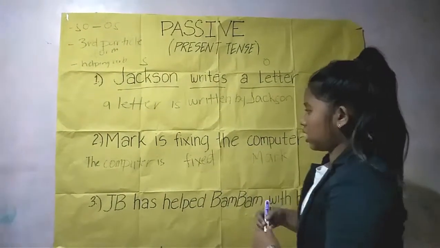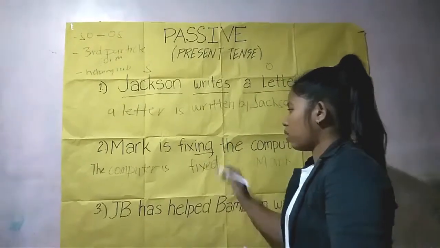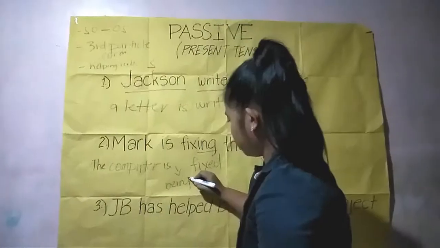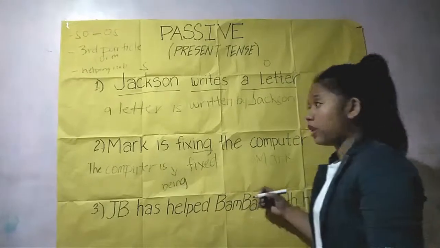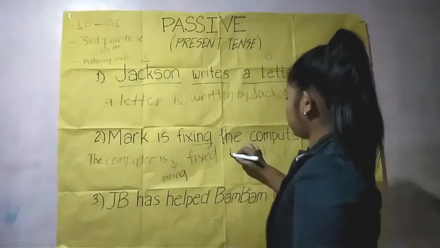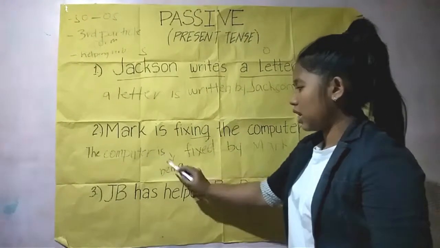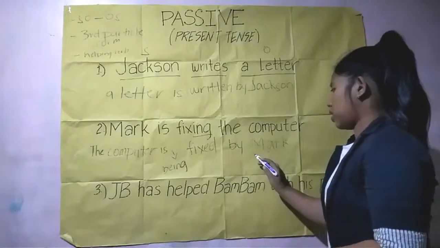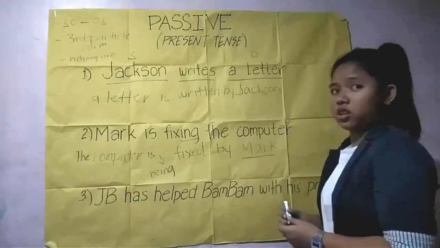And since it is a continuous ing form, we need to put being, and we will put again by. So if you read the sentence, the computer is being fixed by Mark. The doer is still the one who did the action. Okay?